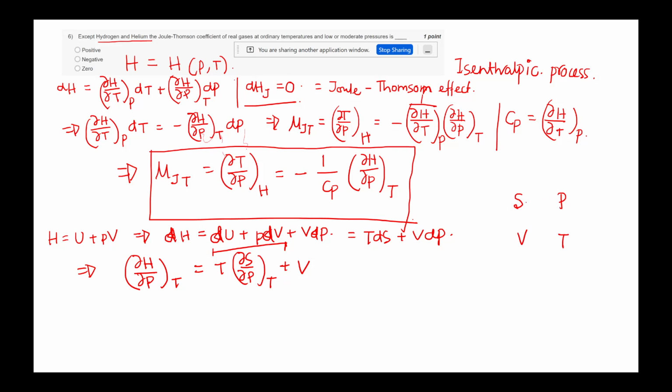If you take the derivative in one direction, it is positive, and in the other direction, it is negative. So del H del P at constant T will be minus del V del T at constant P. Is that understood? This is a mnemonic.